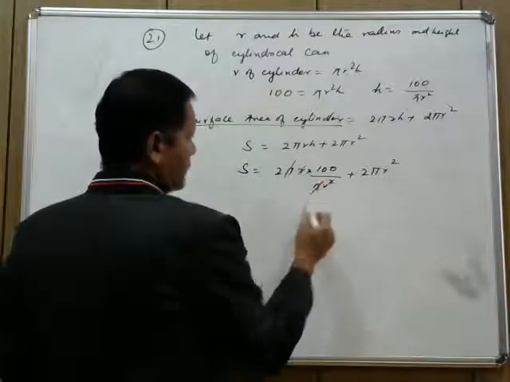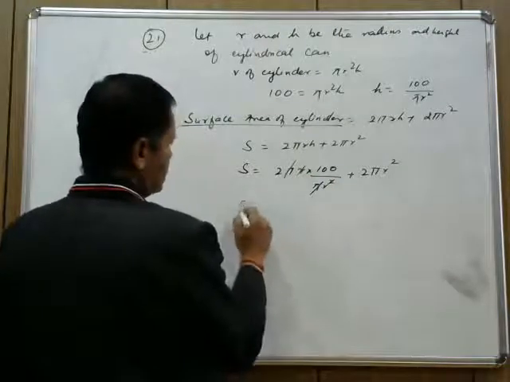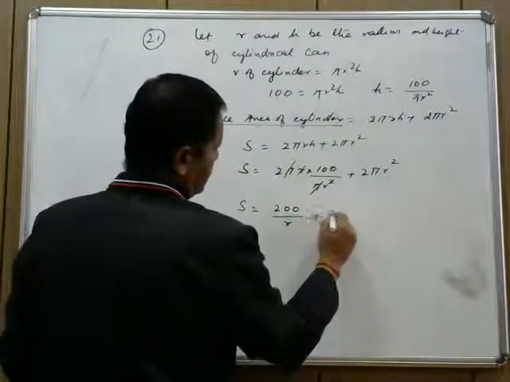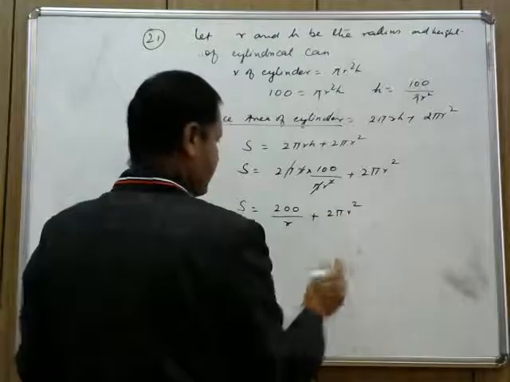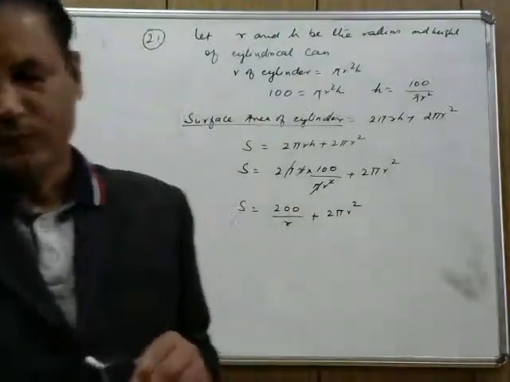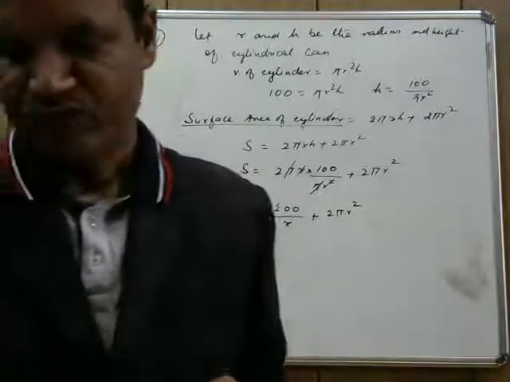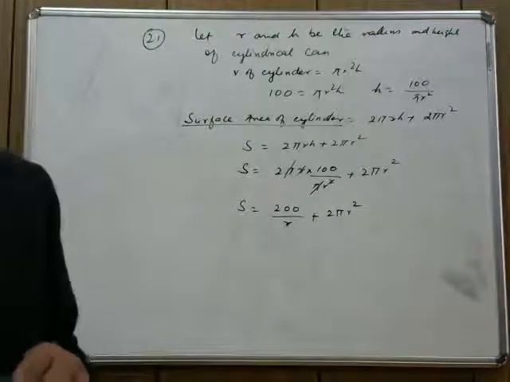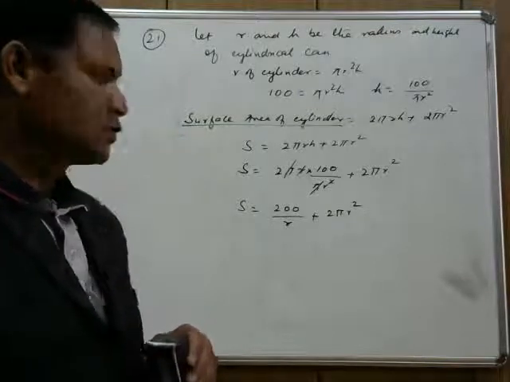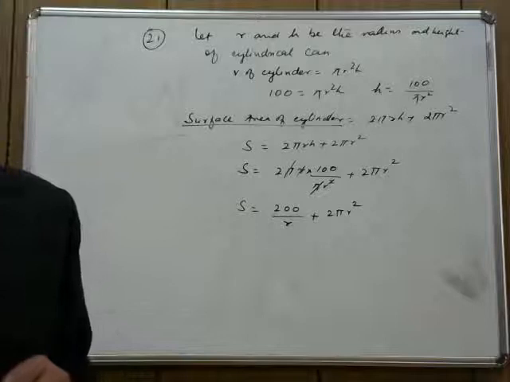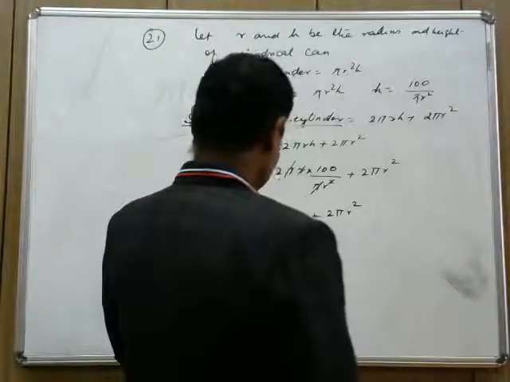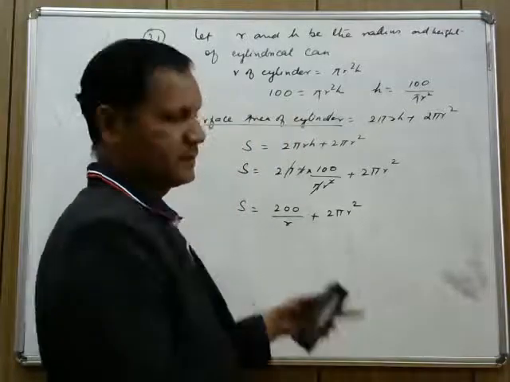Pi cancels, that means now S is equal to 200 upon r plus 2 pi r square. This is the function I am left with. Now we have to differentiate this function S with respect to r.